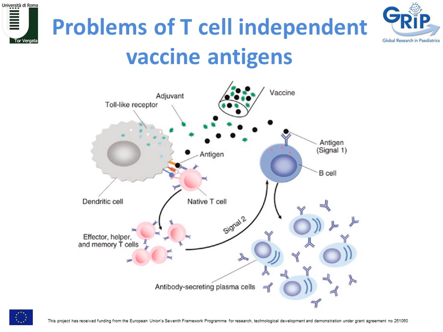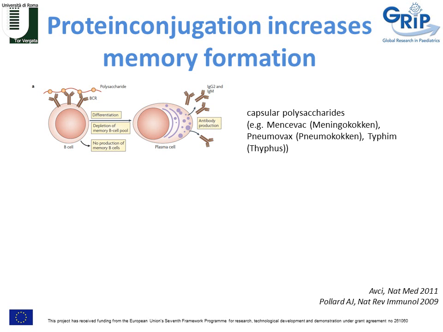If we have a vaccine that is not a protein antigen, then it cannot be processed by dendritic cells and cannot be presented to naive T cells. And the classical setting where we have this is if we vaccinate with polysaccharide vaccine, as it's the case for meningococcal vaccine or pneumococcal vaccine as the most prominent examples.